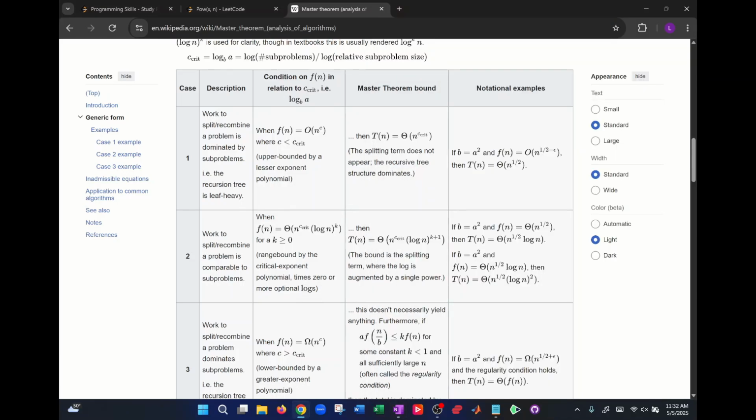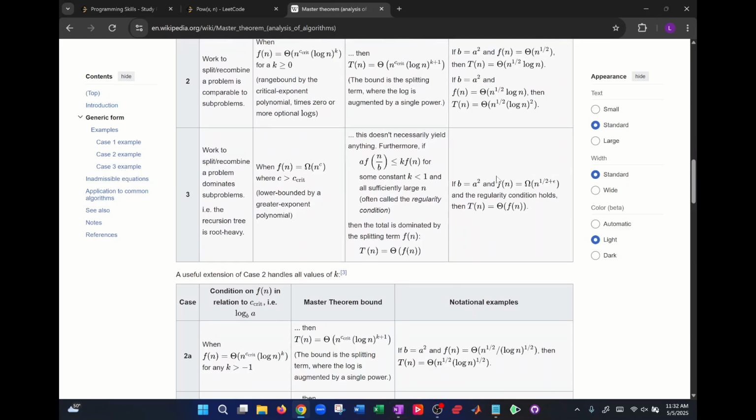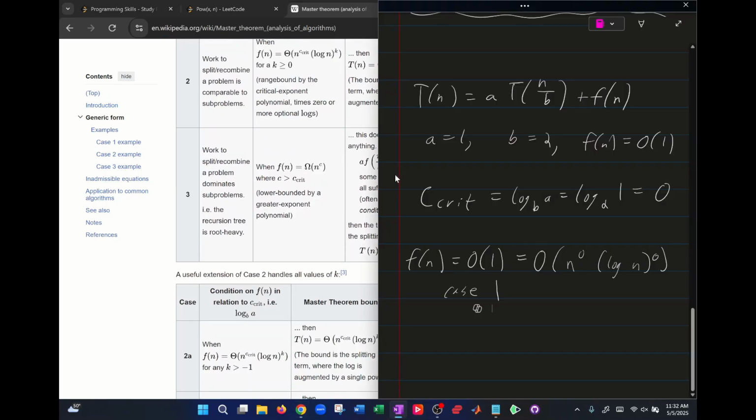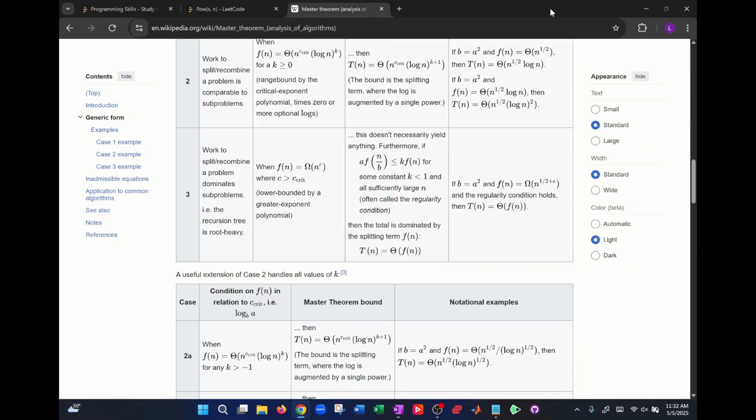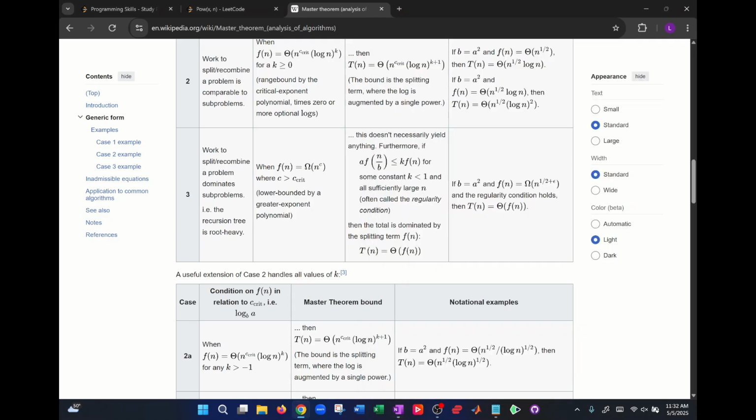Okay, so then the complexity of the algorithm. T of n is going to be theta of n to the c crit, so that's 1, times log of n to the power of k plus 1.